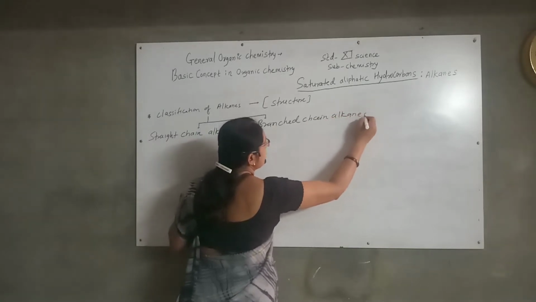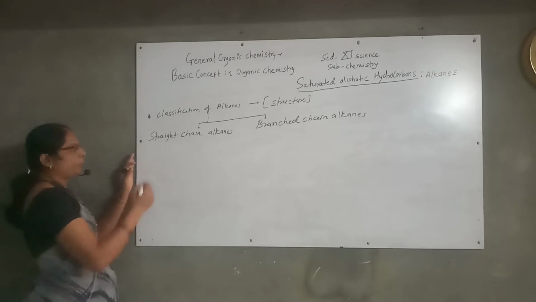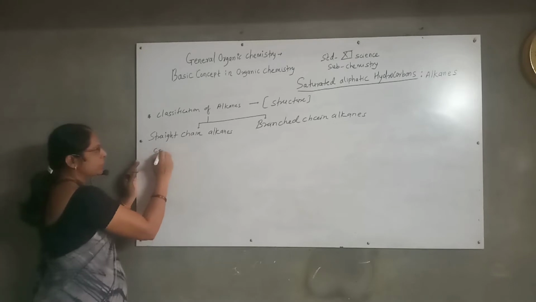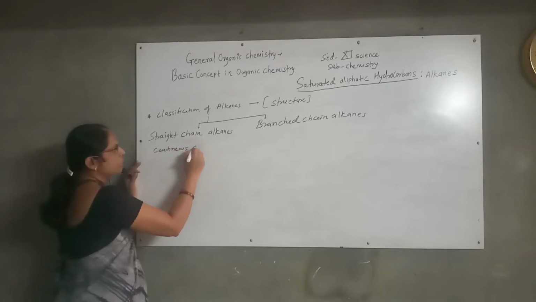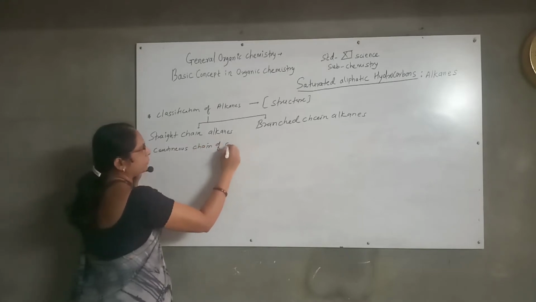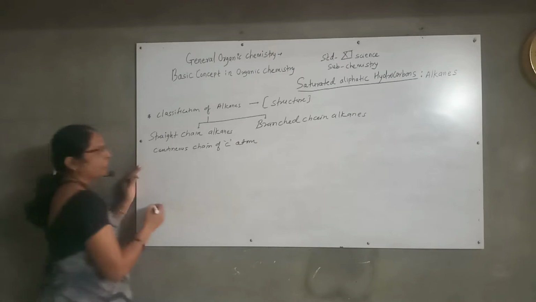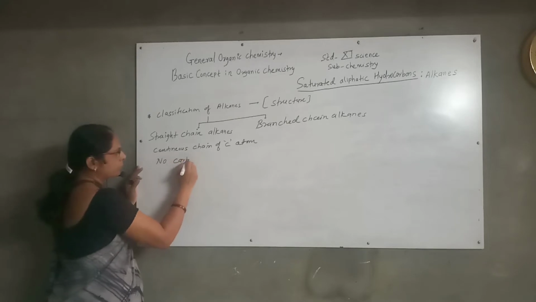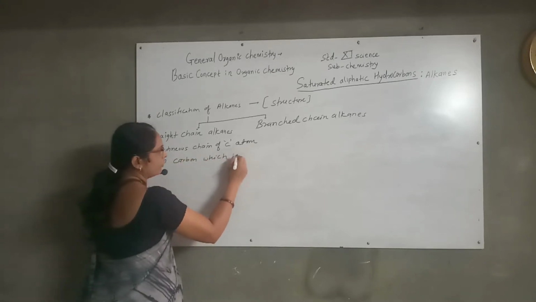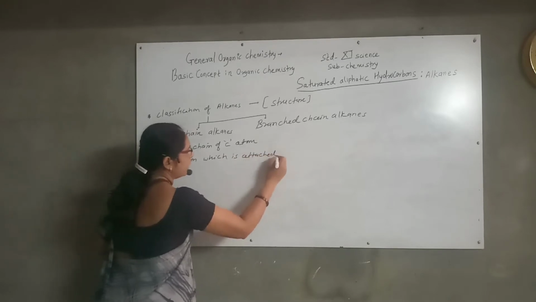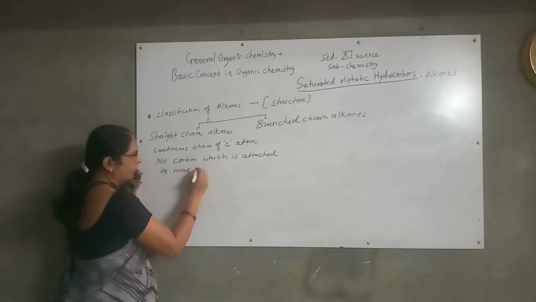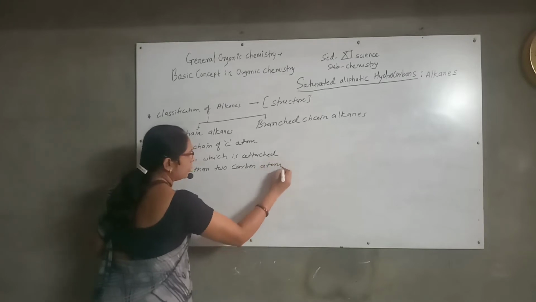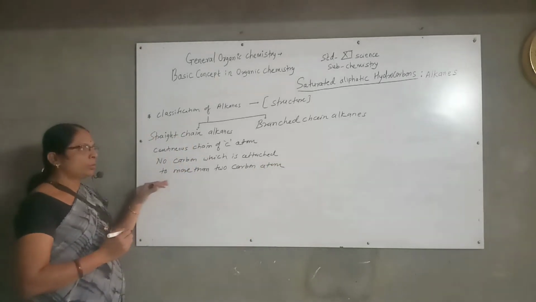So what are the straight chain alkanes? Straight chain alkanes are the alkanes which have a continuous chain of carbon atoms. The second thing is that there is no carbon atom which is attached to more than 2 carbon atoms.